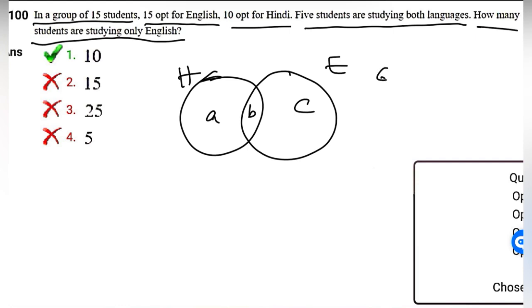Given B plus C is 15 and A plus B is 10.